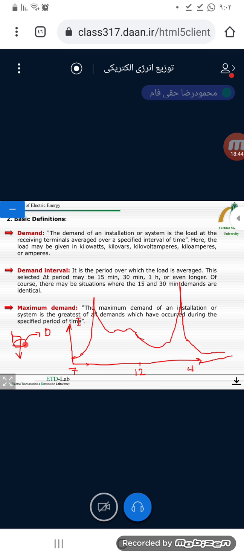Any comments? Please see. You have here, for example, this measured data is 100 amperes, and this is 90 amperes, okay?